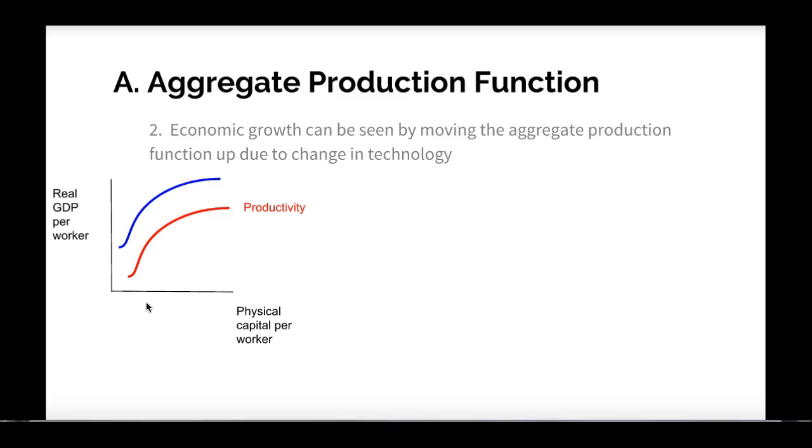So in my example in class, when they were making paper airplanes and paper chains, imagine, if you will, a newfangled thing that will go and cut a lot of paper at once. I think I will call it a paper cutter. Now, obviously, a paper cutter is already in existence, but imagine it wasn't. Okay, that would be our change in technology. It would shift it from the red line to the blue line.